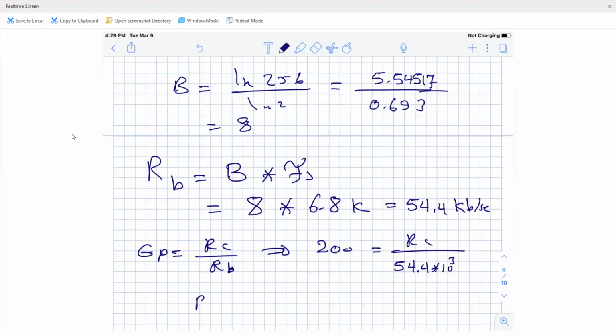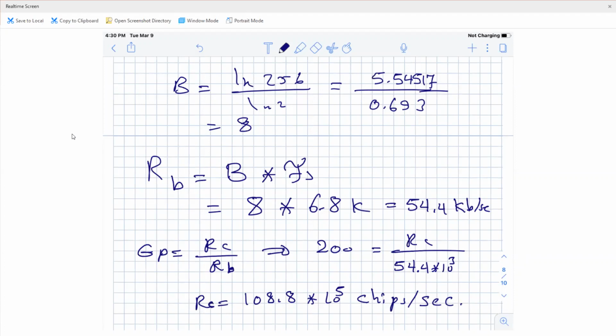RC will be 54.4 by 2, it is 108.8 multiplied by 10 to the power 5 chips per second. Okay, this will be the unit of the RC. So we have a high chip rate.